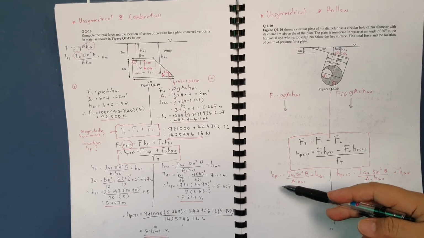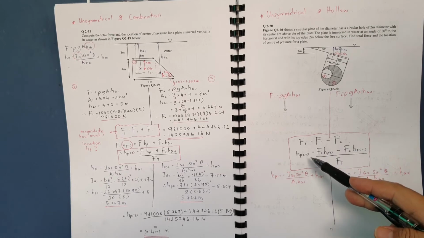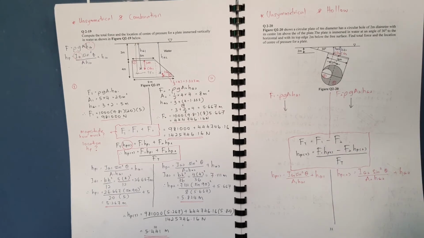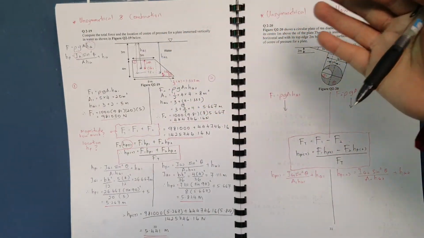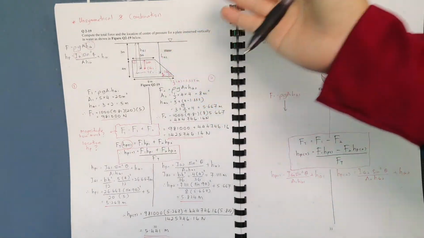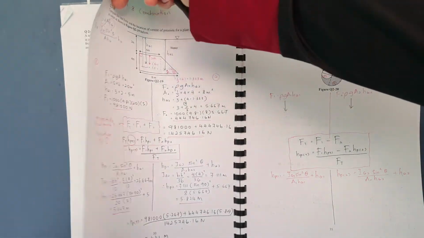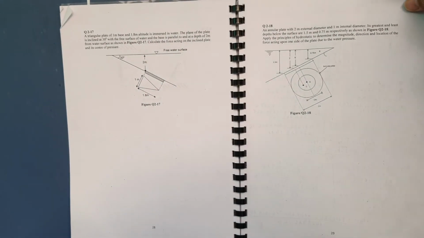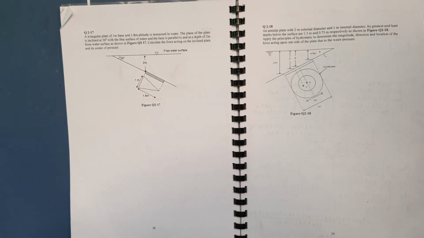After you get HP1 and HP2, plug into the equation and we get the HP total. Remember, unsymmetrical has two types: combination and hollow. So it is not the same as the last example on symmetrical, with only one CG at the center of the plate donut, remember?